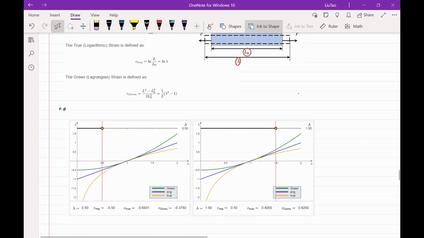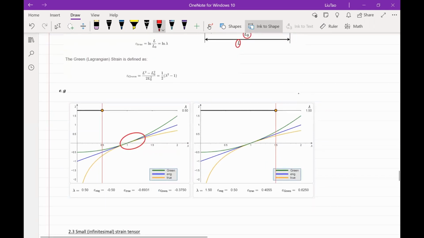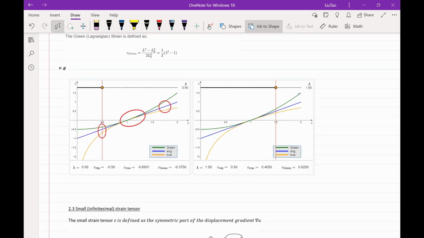If we plot these three strains together on a graph with respect to the stretch ratio, we can see that when the stretch ratio is around 1, they are quite similar. The difference is very small. But when it's beyond a limit, the difference is relatively large.